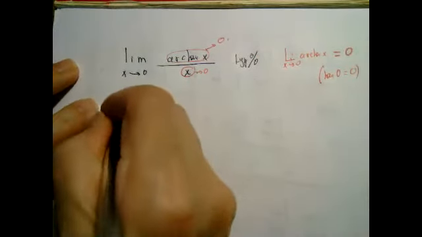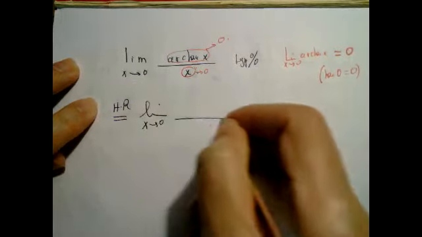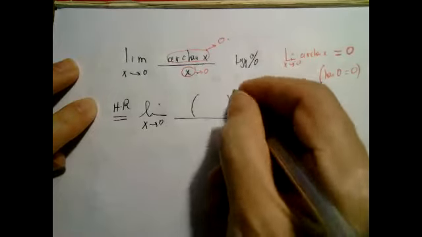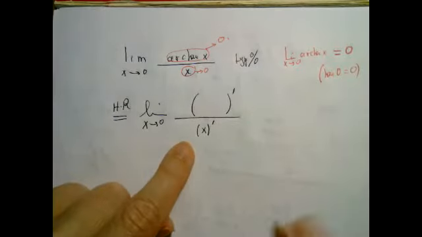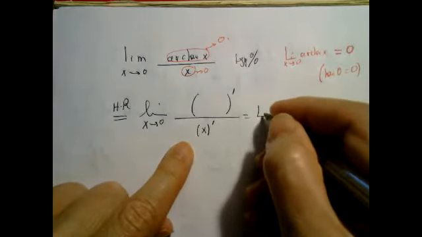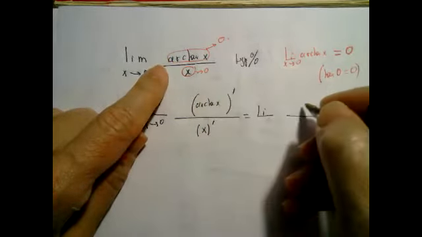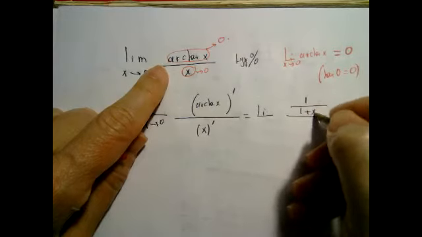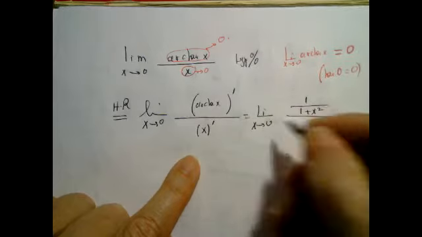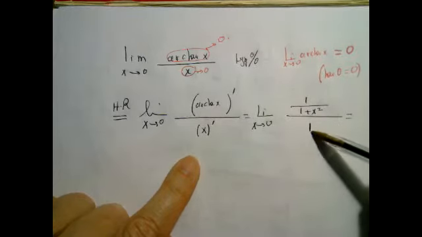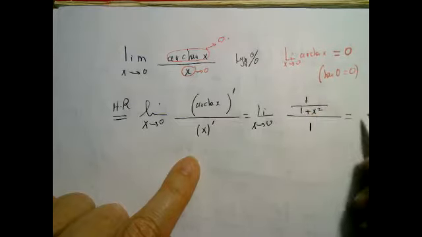So this is going to be equal to the limit as x goes to 0 of the derivative of the numerator over the derivative of the denominator. By now, we know that the derivative of arctangent is 1 over 1 plus x squared, over 1. And this is when x goes to 0. And now analyze it. What happens? This is 1, big deal. When x goes to 0, I will have 1 over 1.